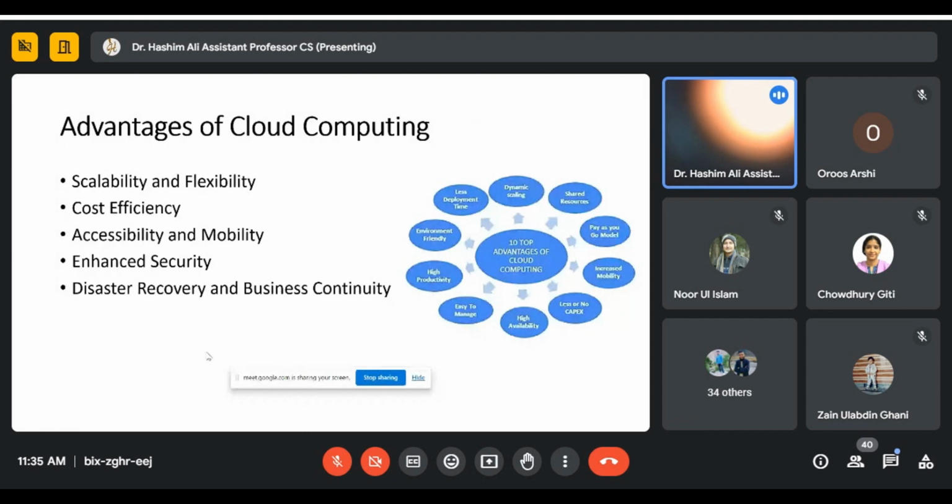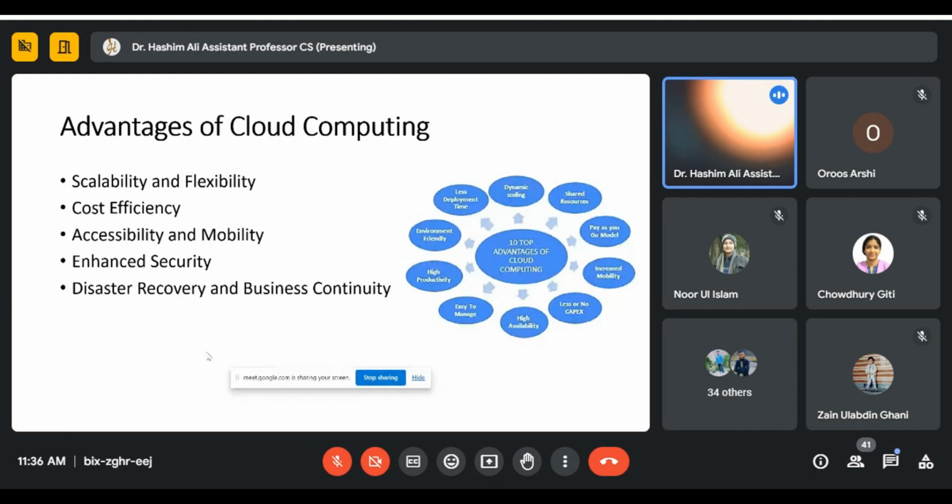We have more other advantages of using cloud computing, as in my diagram: dynamic scaling, shared resources, pay-as-you-go model. We have discussed that, and increased mobility. In the previous slide, we also discussed the high availability of cloud computing.